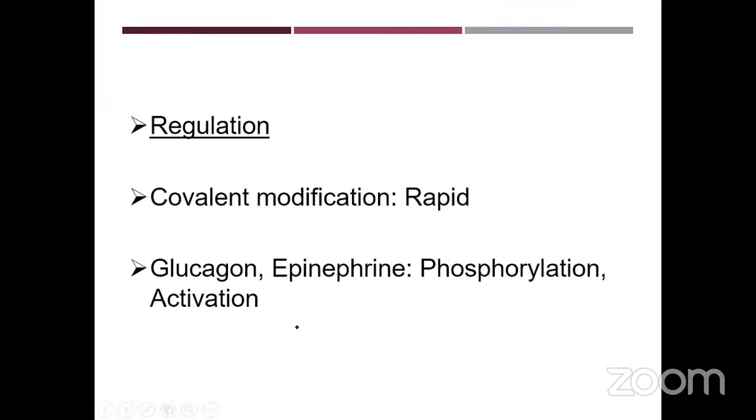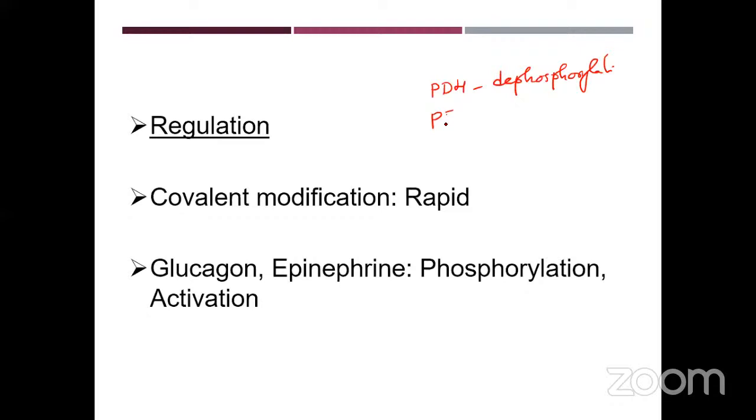Okay, it is achieved by covalent modification. Covalent modification means the phosphorylation, dephosphorylation reaction. You know that dephosphorylation activates the glycolytic enzymes and the pyruvate dehydrogenase enzyme. I told you PDH is active in dephosphorylated form.